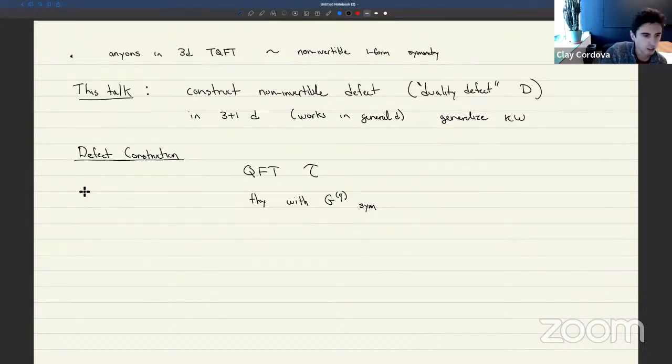Now, for most of the talk, we'll imagine that G^(Q) is actually a Z_N higher form symmetry. This is just for simplicity.